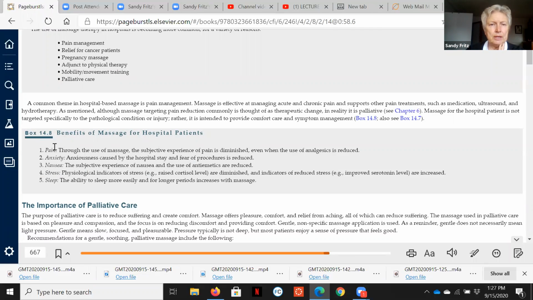These are the areas that would be targeted in this acute care situation. I don't know what the future is for massage therapy in an acute care situation.